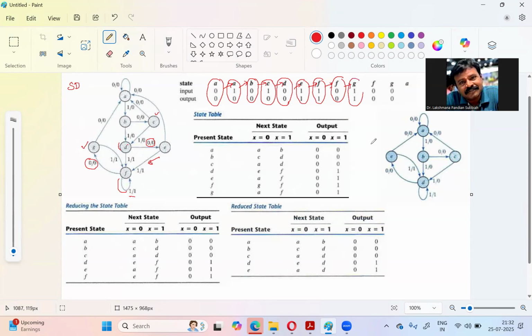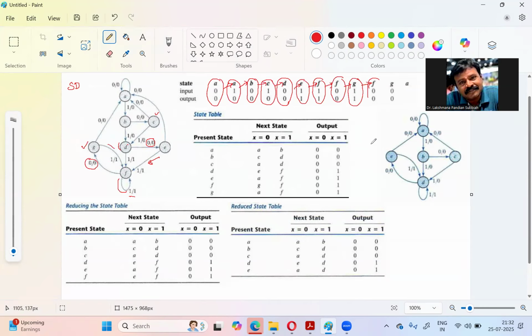Similarly, from G by input 1, output is 1, then transit to F. So from G, input 1, output 1, transit to F, this edge.